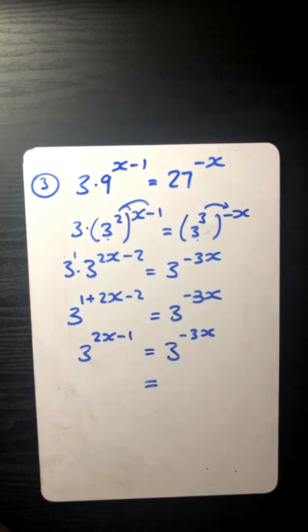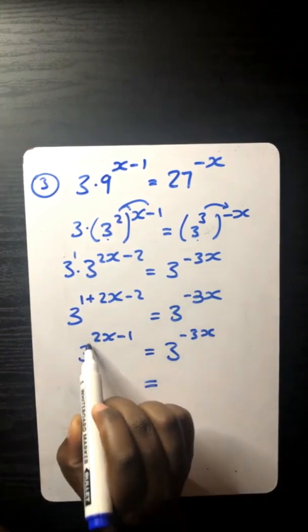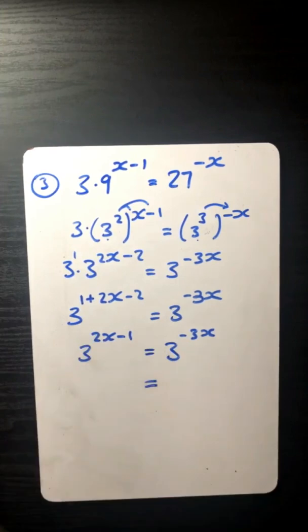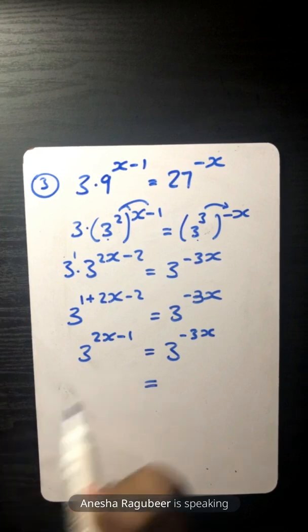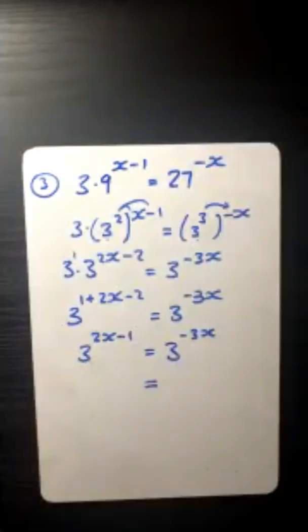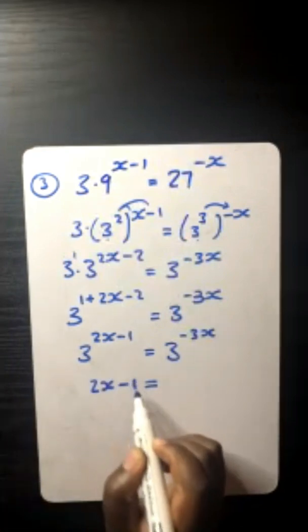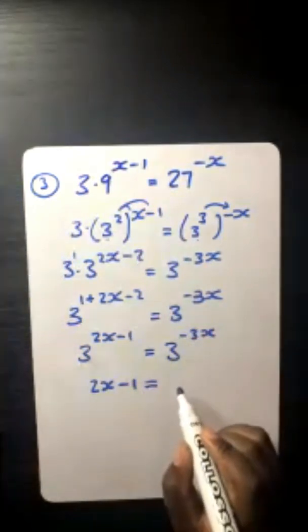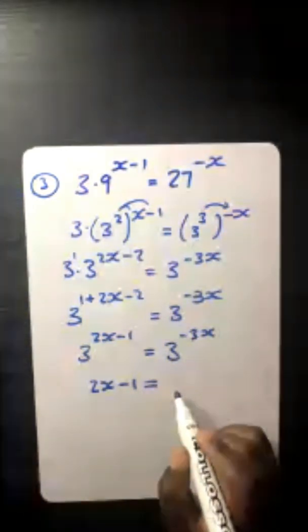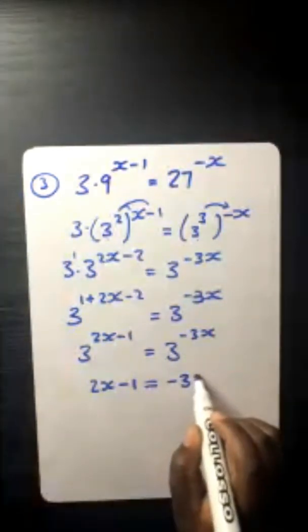Then, what is the exponents on this side, Shreyas? The exponents are on the left hand side, sir. Yes. 2x minus 1. On the right, negative 3x, sir.